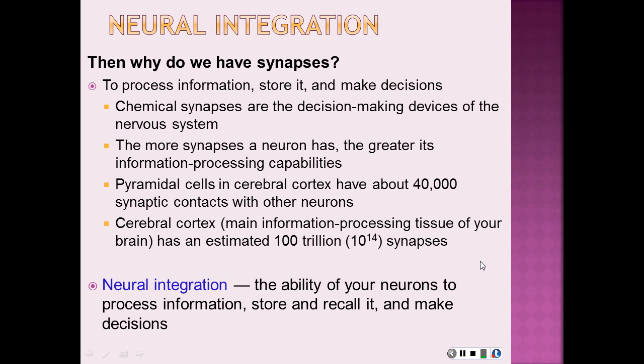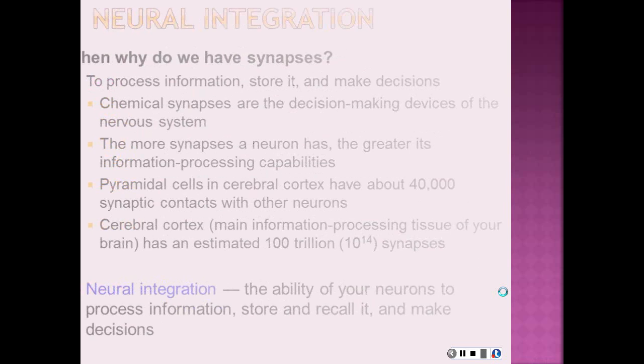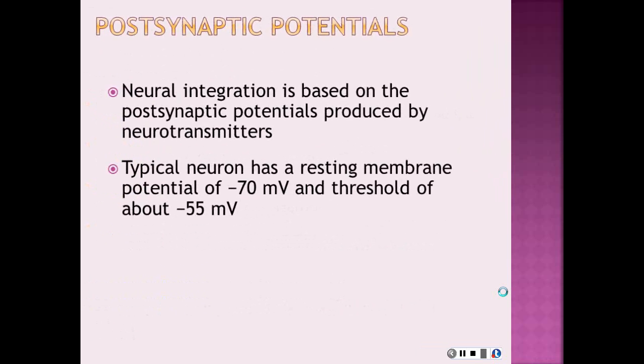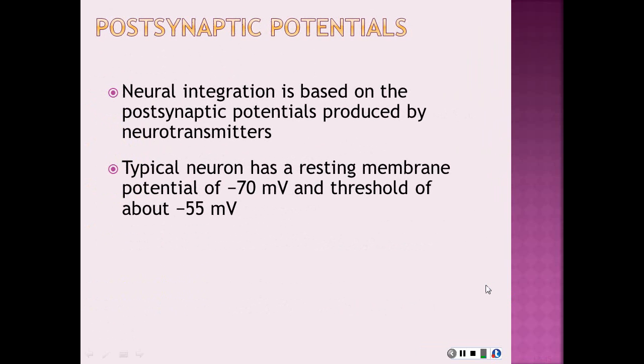Now the ability of neurons to process information, store it, recall it, and make decisions is called neural integration. Neural integration is based on the postsynaptic potentials produced by neurotransmitters.